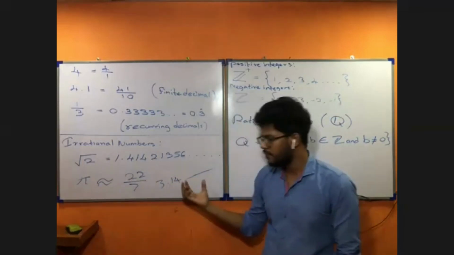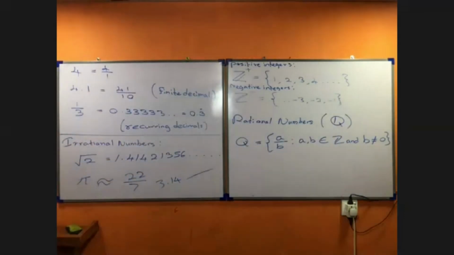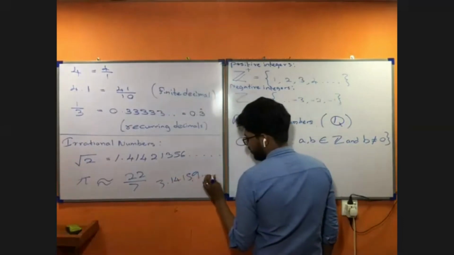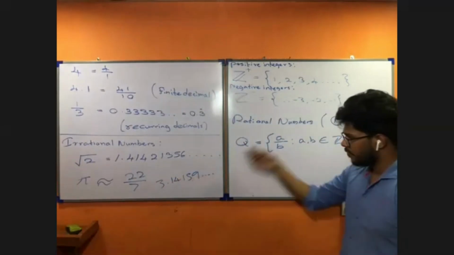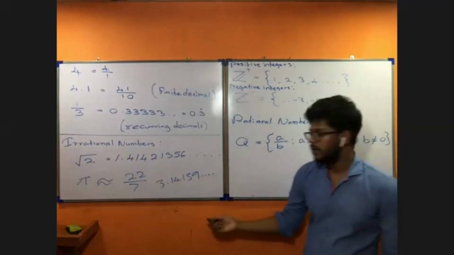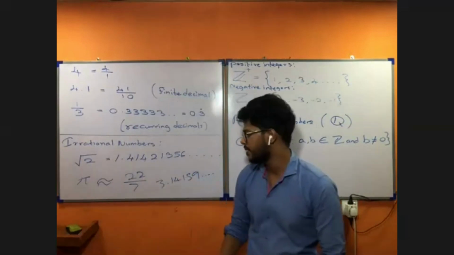So this is 3.14159, and I can't remember the other numbers. There are a lot of non-stop, different numbers coming. But this 22/7, if you divide and check, will be a rational number.